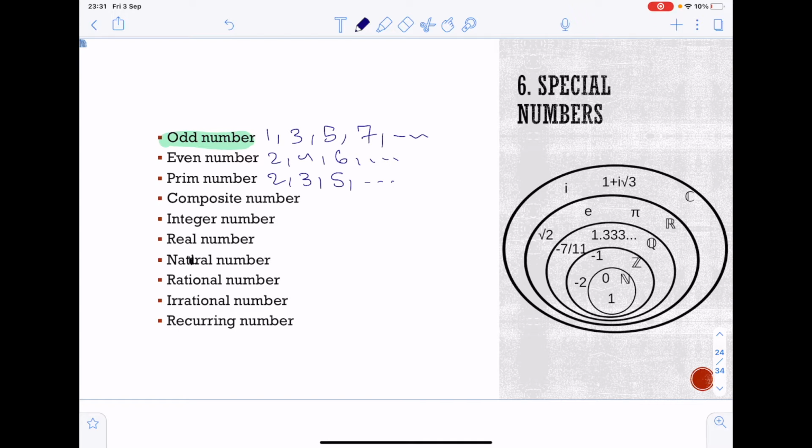The composite numbers are the opposite of the prime numbers, so any number that has more than two factors would be a composite number. For example, 4 is a composite number because it has three factors, 1, 4, and 2. The integer numbers are 0 and all the positive numbers, and also the negative numbers.